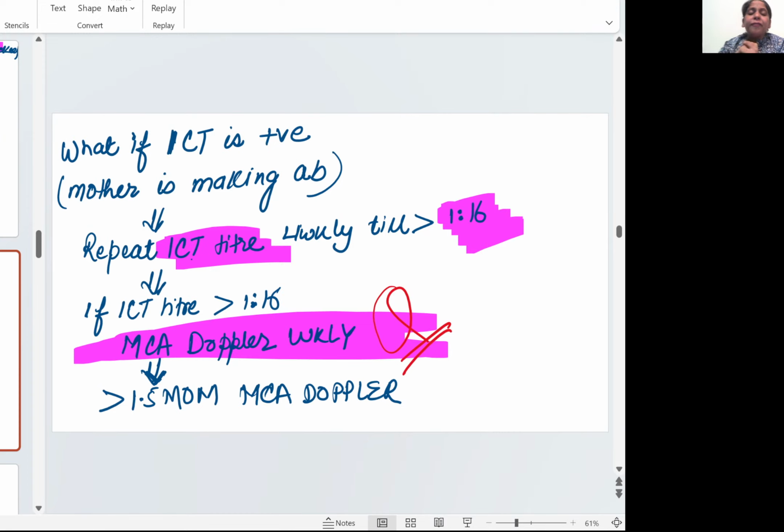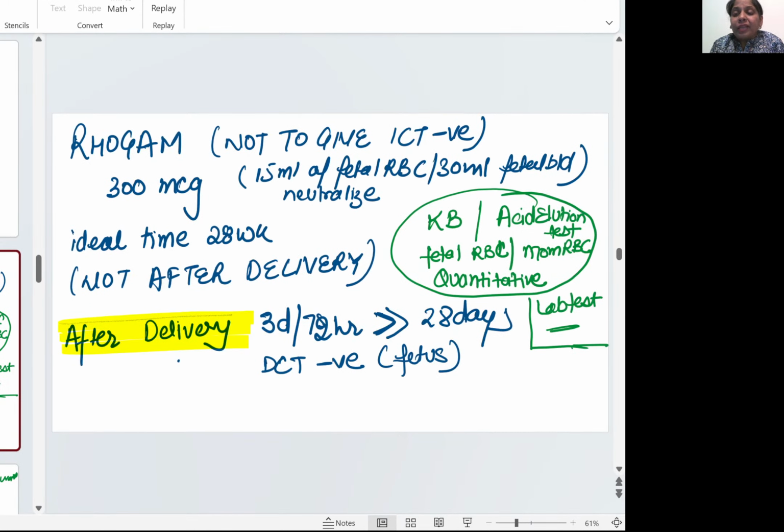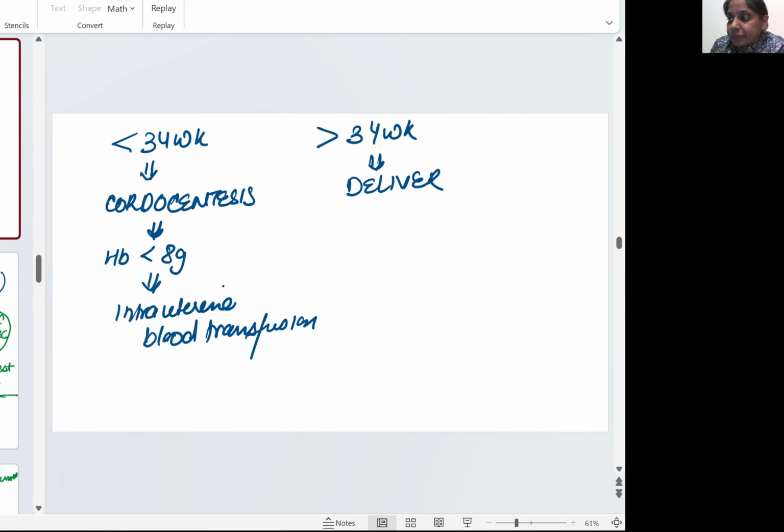Now, if the MCA Doppler is more than 1.5 MoM, what does it mean? If the period of gestation is more than 34 weeks, then deliver.